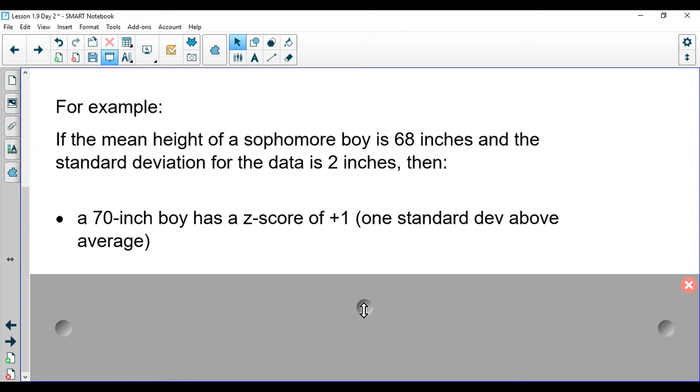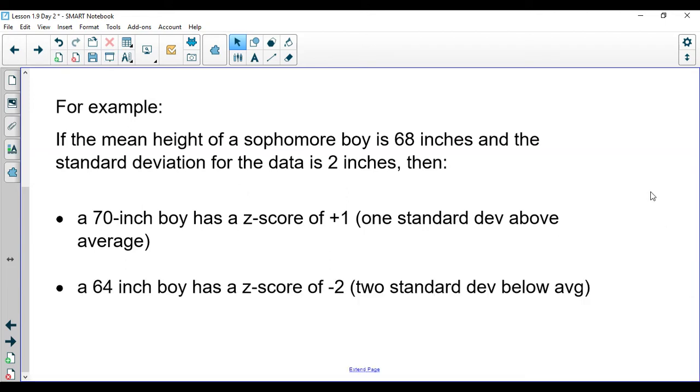They were 2 inches above the average, and every 2 inches is considered 1 standard deviation. Versus a 64-inch boy has a z-score of -2, because they were 2 standard deviations below the average, since they were 4 total inches below, which was 2 sets of 2 inches. Again, z-scores can be positive or negative based on whether they're above or below the mean.